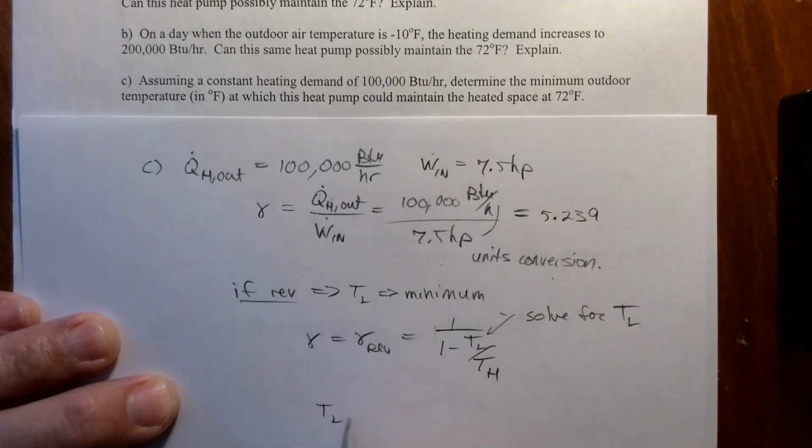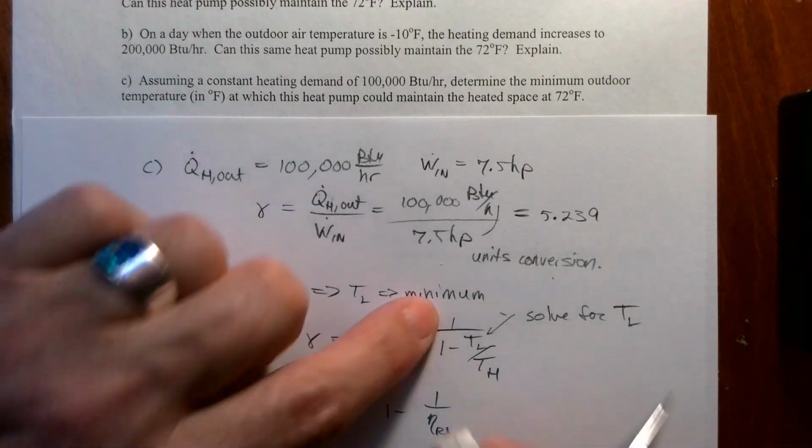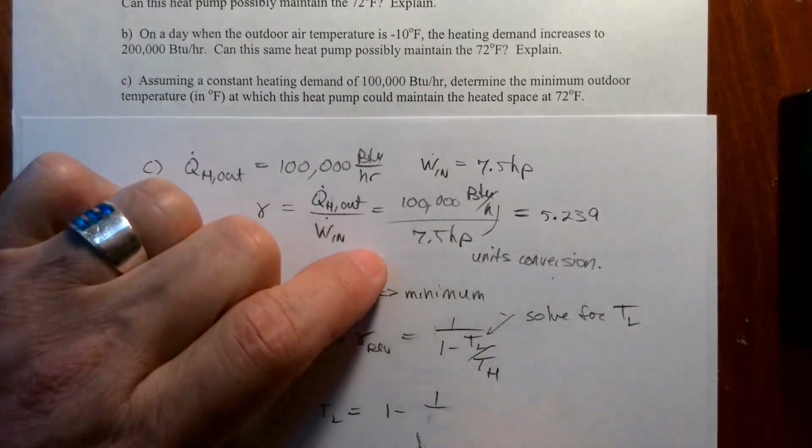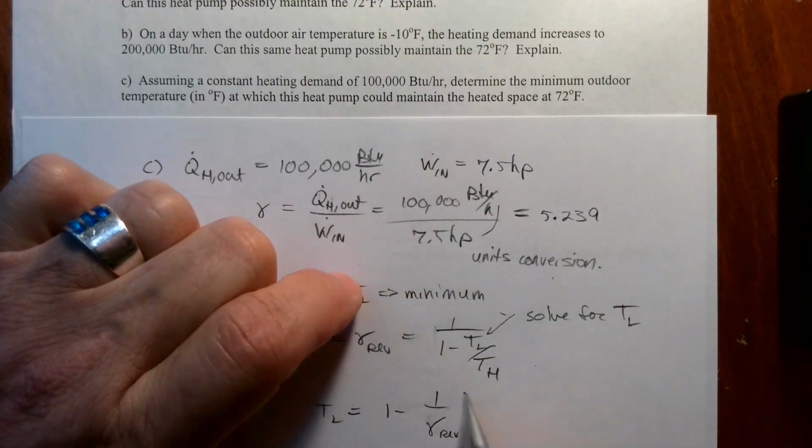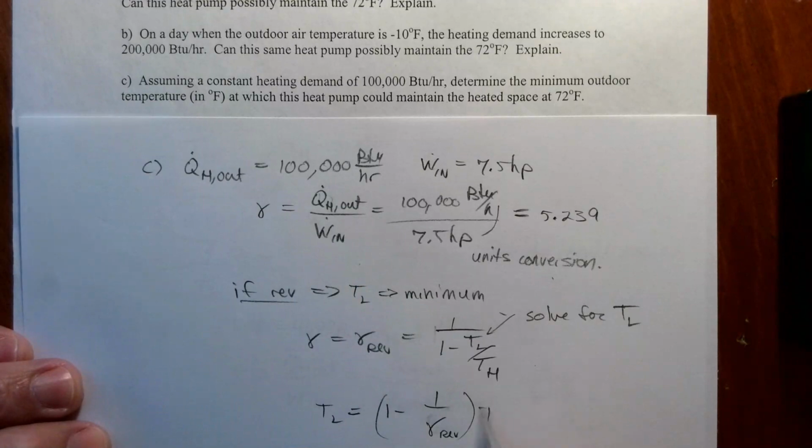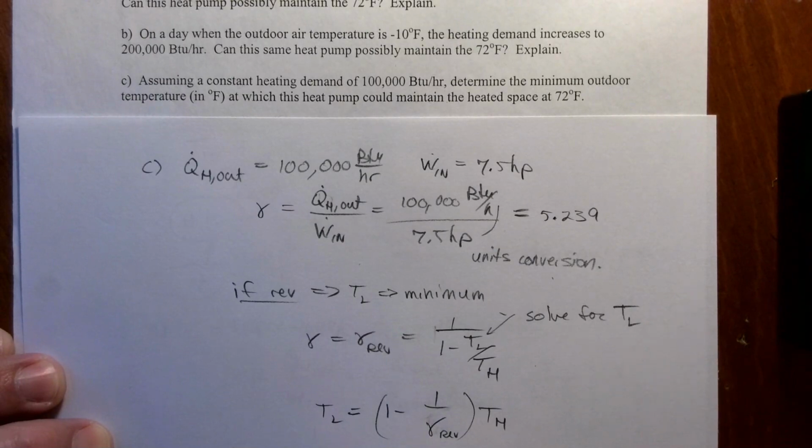If you do the algebra for that, you'll get TL is equal to 1 minus 1 over the gamma reversible, times TH. This comes out to be 429.6 degrees Rankine. So minus 29.4 degrees Fahrenheit.